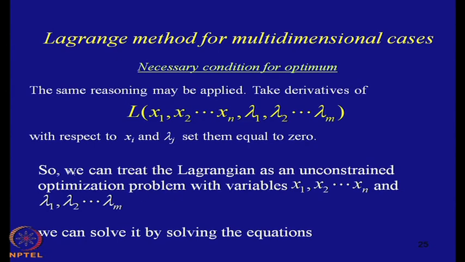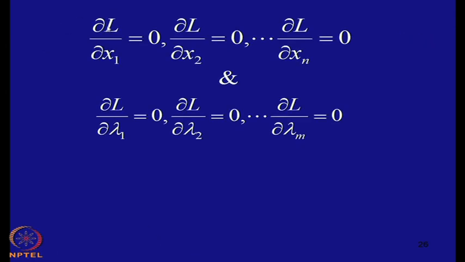Thus, we can say this is the necessary condition for getting the optimum for a multi-dimensional nonlinear programming problem where n decision variables are involved. Now, what are the equations we are getting? Just see, del L by del x1 equal to 0, del L by del x2 equal to 0, del L by del xn equal to 0.